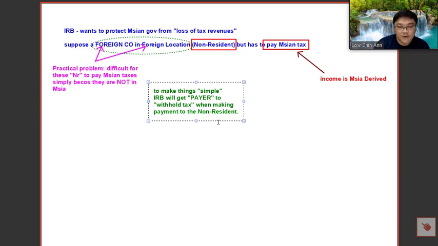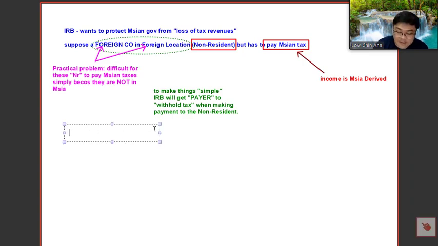That's it. Hold back and make the payment to the non-resident without that tax. And that is why we call it withholding tax.